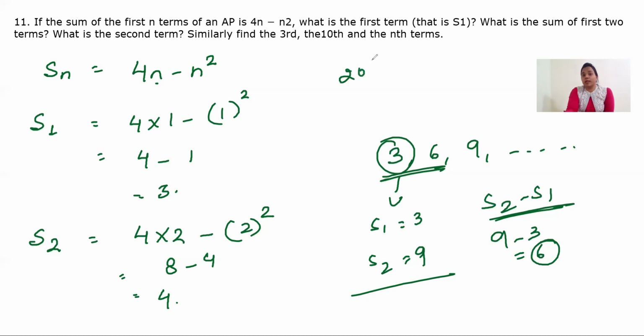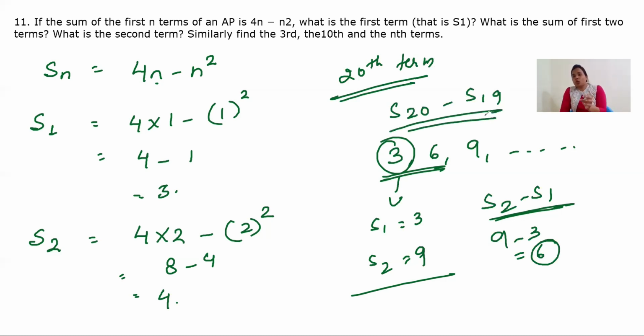Suppose I have to find the 20th term. How can I find it? S20 minus S19. In S20, we are adding 20 terms. In S19, we are adding only 19 terms. We are not adding the 20th term. So when we subtract both of them, we can get the 20th term.